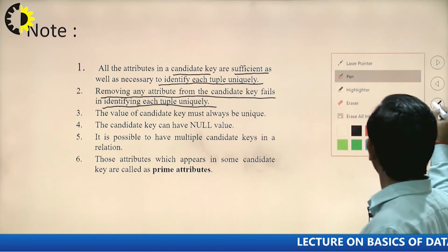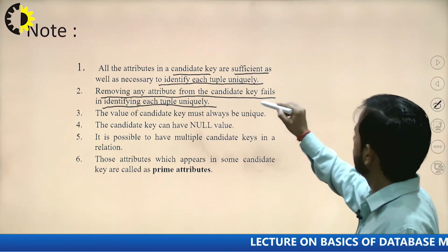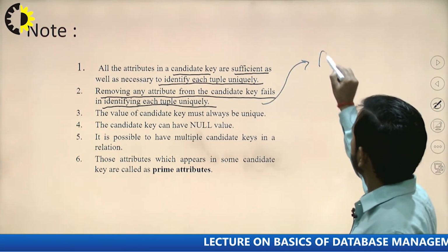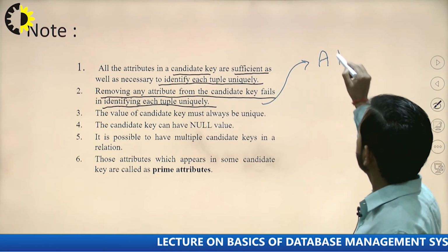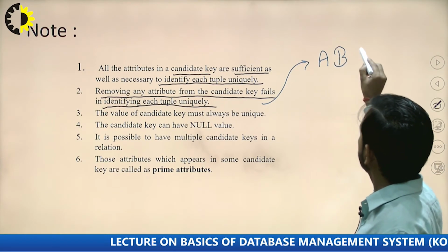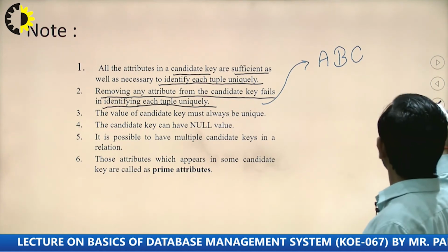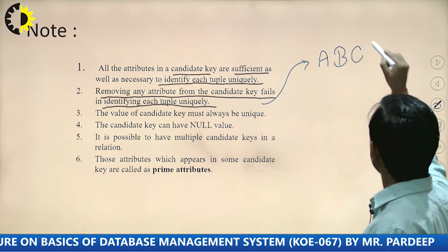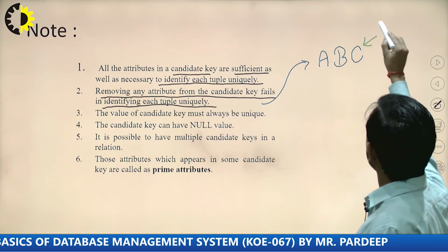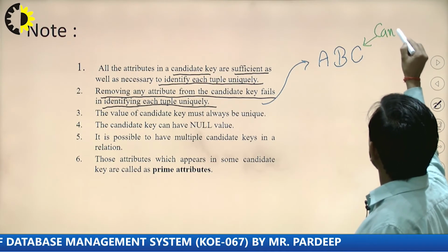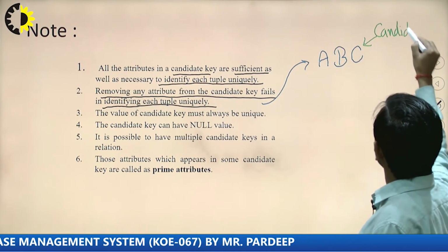Let's see one example for this. Suppose A is one of the attributes, B is one of the attributes, C is one of the attributes. These three attributes combined form the candidate key.